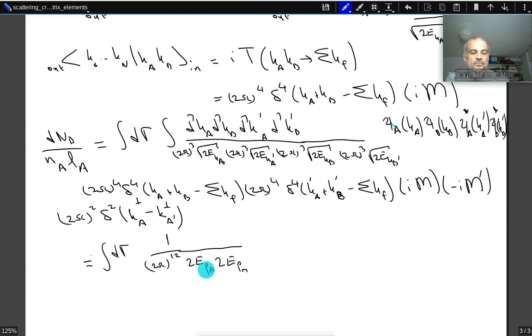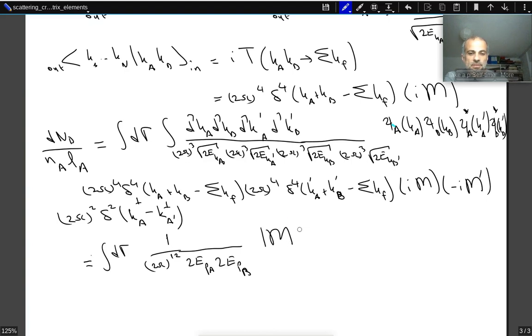You see this 2E of PA is from this 1 over square root of 2E Ka and 1 over square root of 2E Ka prime, because both psi A and psi A star, they are peaked around PA. So this is PB. And I will take these M out.